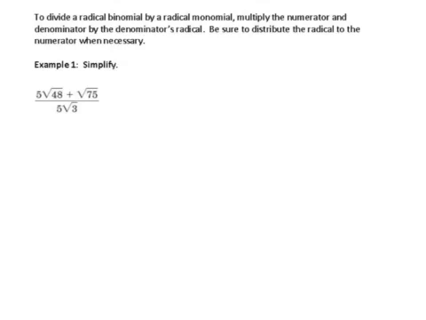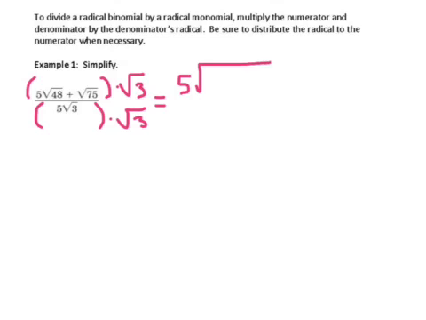So, if we multiply the numerator and the denominator by the square root of 3, in this case, we want to make sure that we distribute the square root of 3. And since it's underneath the radical, we only multiply the two factors that are underneath the radicals together.